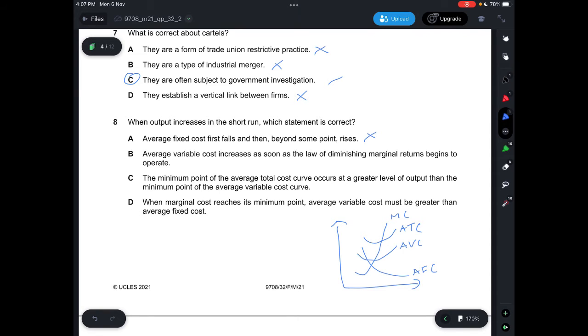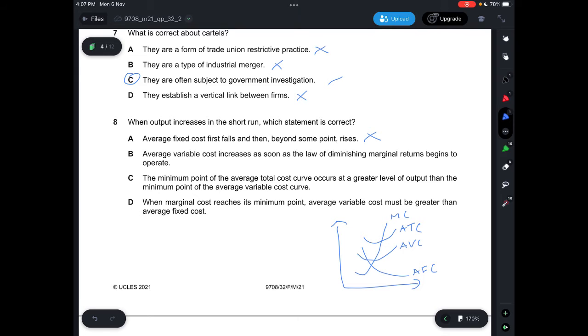This one is incorrect. You need to know that your total fixed cost will always be the same, regardless of the quantity sold. So if the fixed cost is $30 and your quantity is 10, that means your average fixed cost will be $3. But if your quantity is 30 and your fixed cost is still $30, that means your average fixed cost would be $1. So there's a decrease, there's no increase. So A is incorrect because of that.